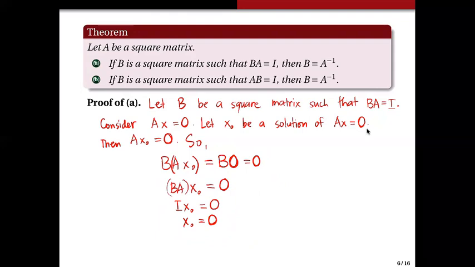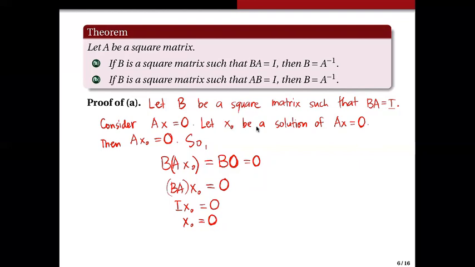And we just found out that although we arbitrarily chose that x sub 0, it's just the 0 vector. If you chose another, say x sub 1, and do the same method, your x sub 1 will still be the 0 vector.